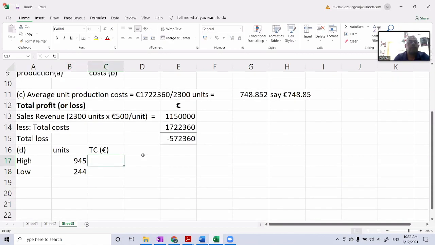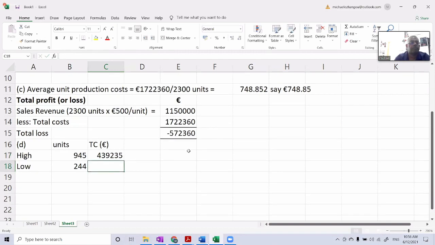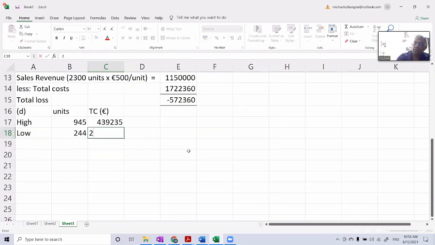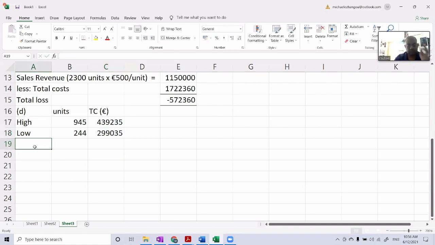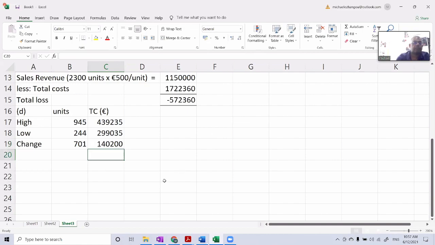At 945, cost is 439,235, and at low it is 299,035. So we have the change: 945 minus 244, and 439,235 minus 299,035. Let me double check.